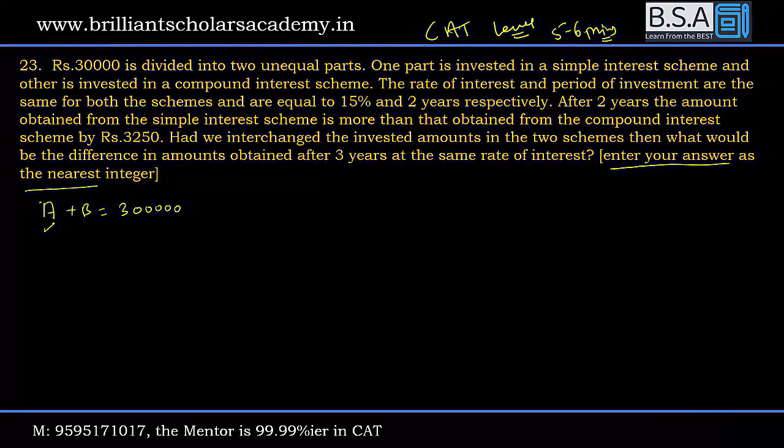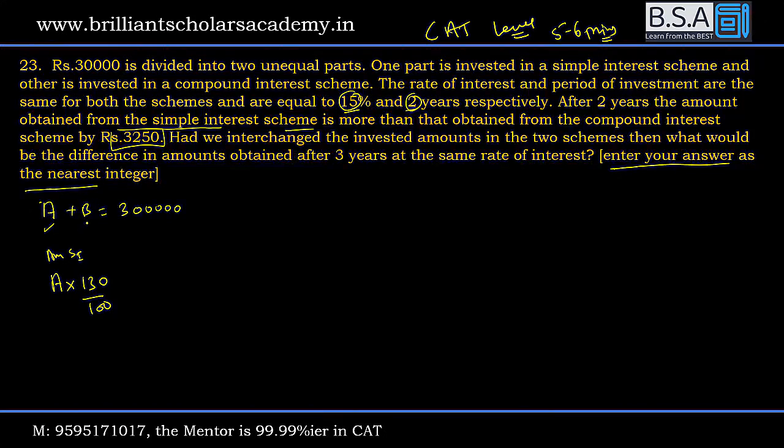I am depositing A on simple interest because simple interest is generating more money. आई एम सेइंग ये ए रुपीज जो है 15% पे 2 years, 15% फॉर 2 years इज 30%. सो ए मल्टीप्लाइड बाय 130/100, दैट इज द अमाउंट. ये सिंपल इंटरेस्ट का अमाउंट है.